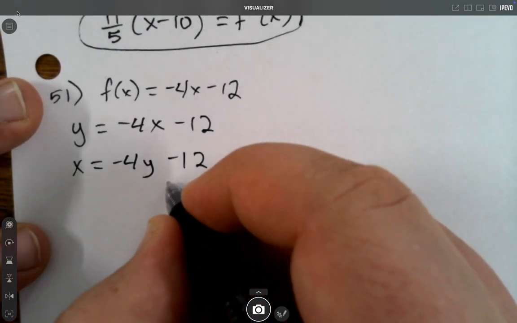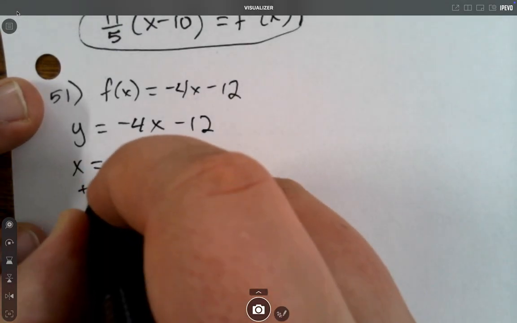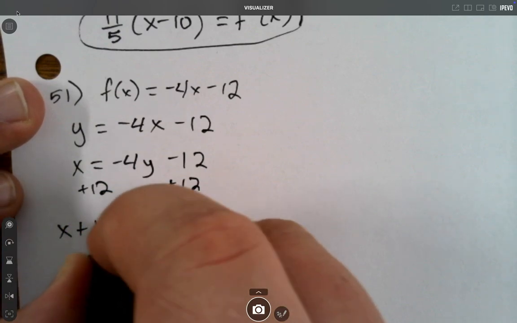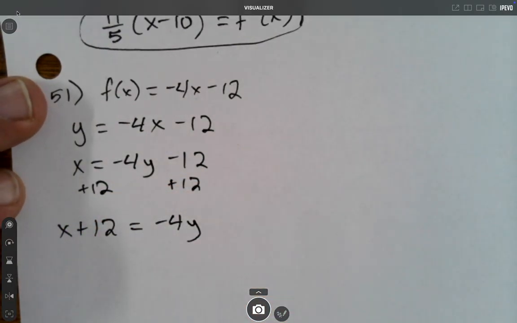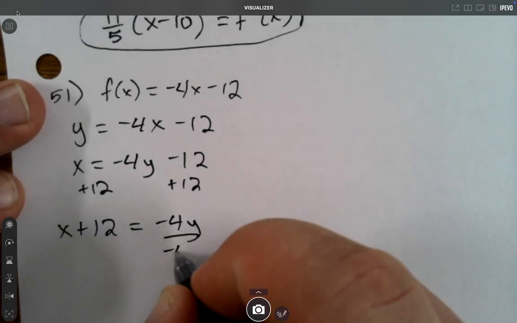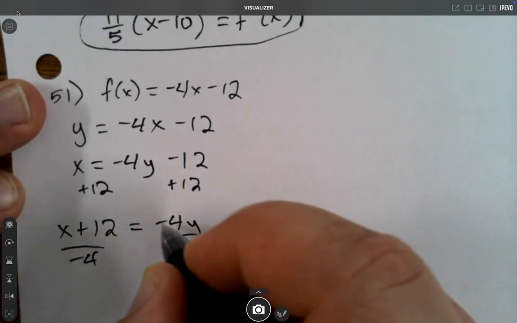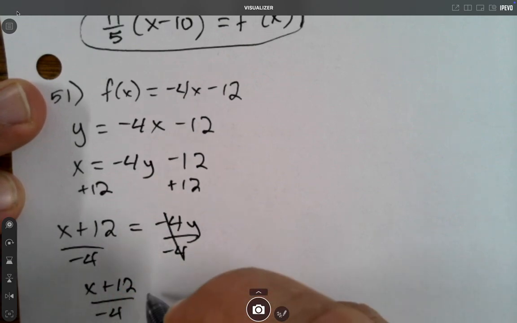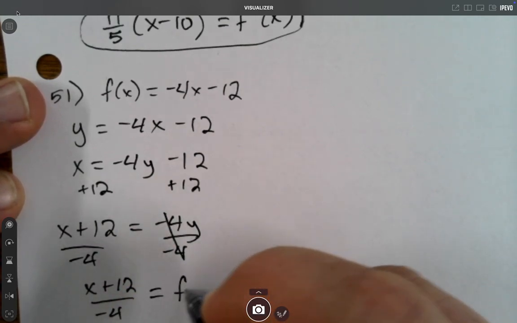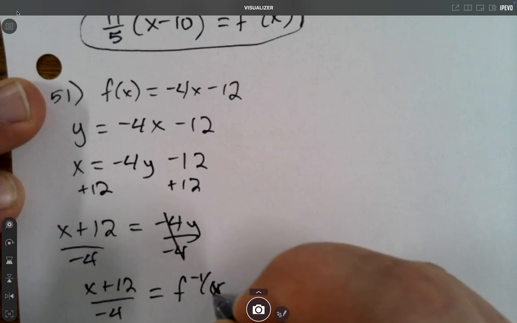To do that, I need to add 12 to both sides. And then divide both sides by -4. So x plus 12 divided by -4, and we change the y to be the inverse of f of x.